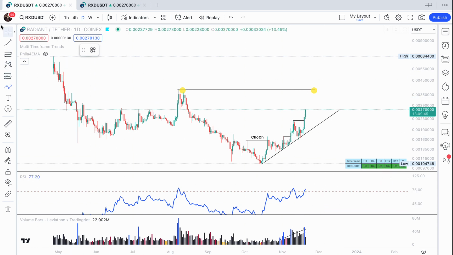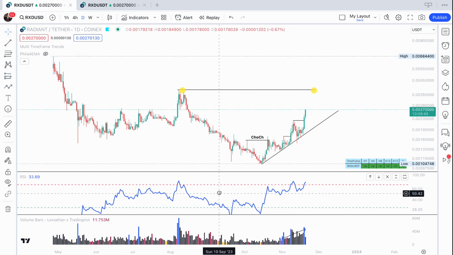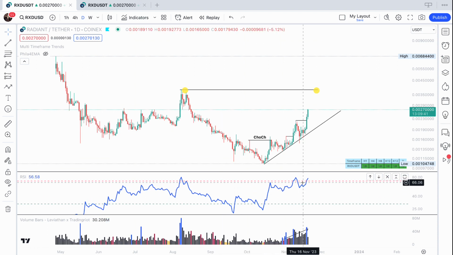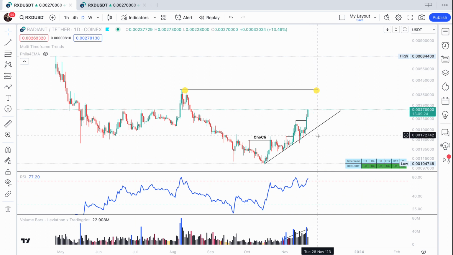If I was trading this, if I was taking it as a trade, usually I don't buy an asset or I don't look for a long when the asset is in the overbought territory, and I never, almost never, never say never, I never buy green candles. I'm always looking for a pullback.